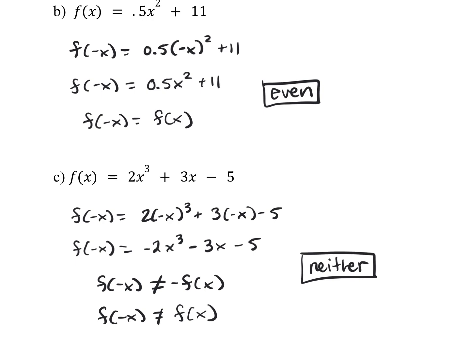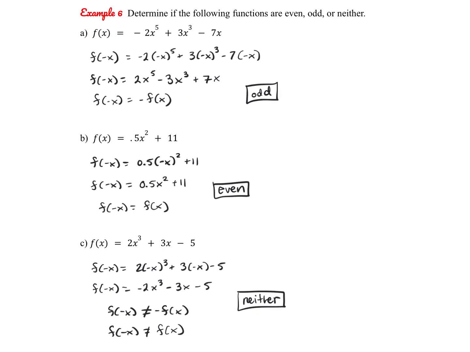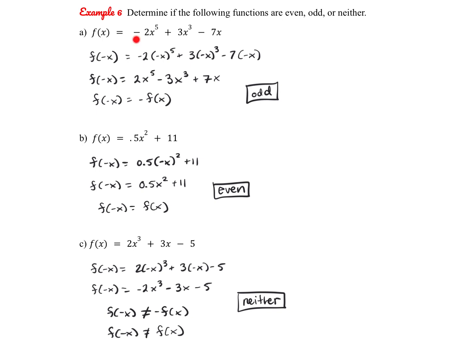So there is kind of a little cheat that you could do when you're looking at an equation. If you're looking at a function and you notice that every single term has a variable with an odd exponent, that function will be odd. And if all of the terms have a variable with an even exponent or no variable, meaning it's a constant, if everything is even or constant, the function is even.